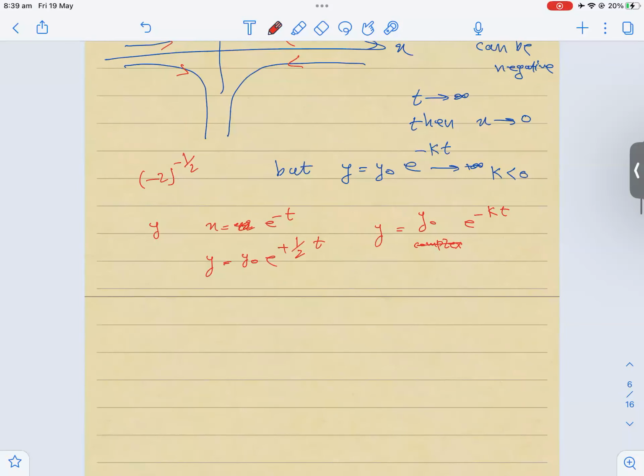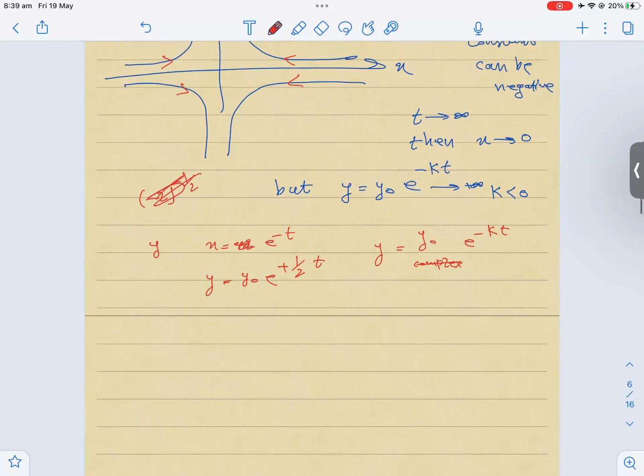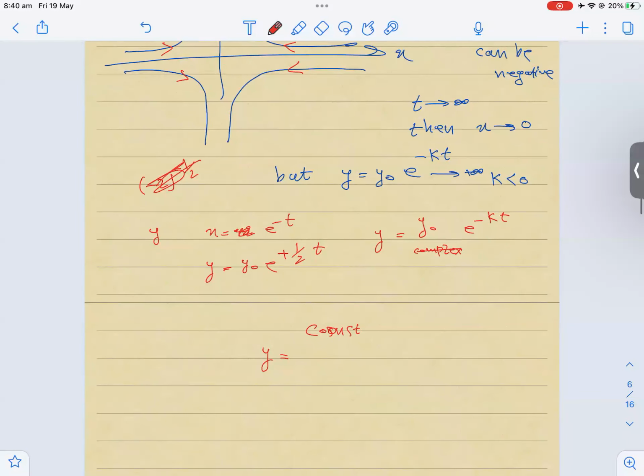So this constant, this will be y equal to constant. Now I understand what you mean. So x0 can be complex.